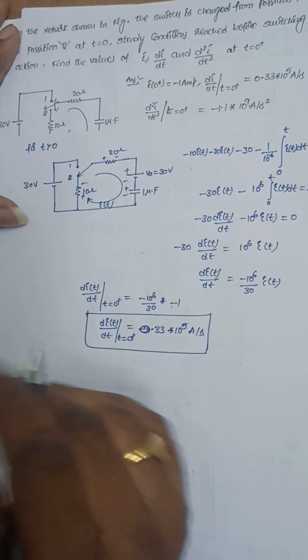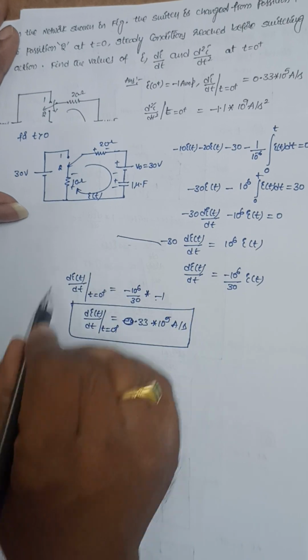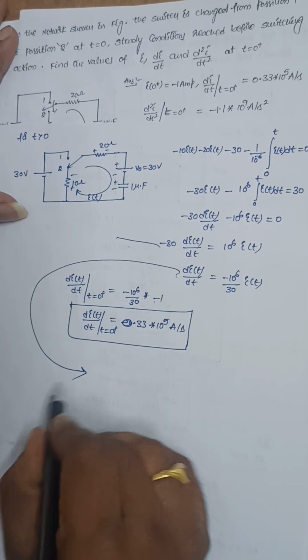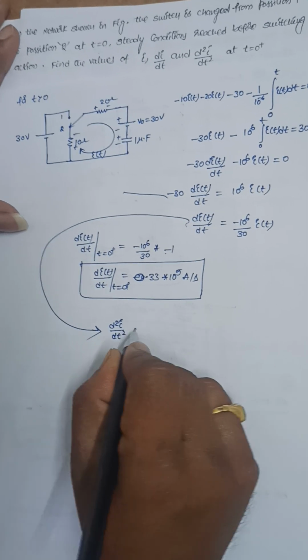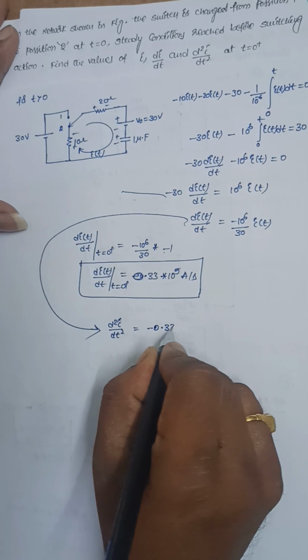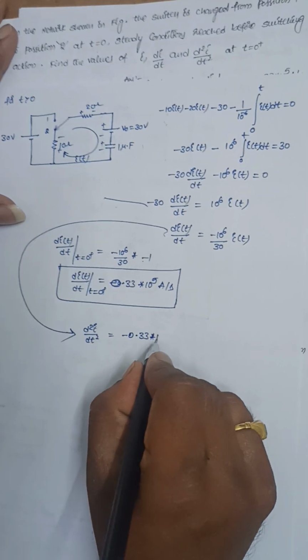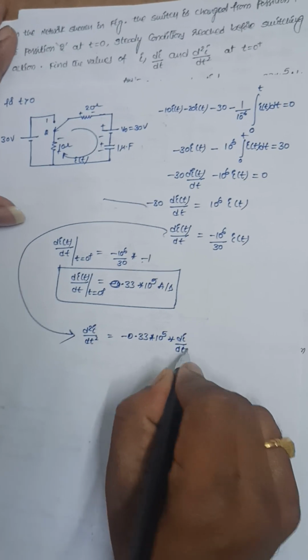If I want to find d square I by dt square, then I need to use this equation. D square I by dt square is equal to minus 0.33 into 10 power 5 into di by dt.